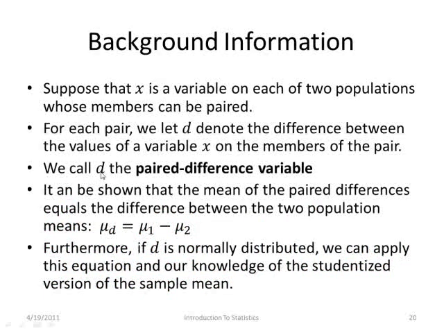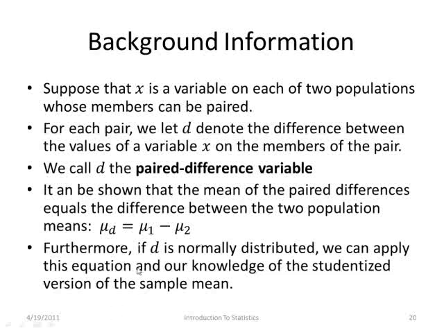We will call D the paired difference variable. It can be shown that the mean of the paired differences equals the difference between the two population means. That is, the mean of the differences is going to equal the mean of the first population minus the mean of the second population.